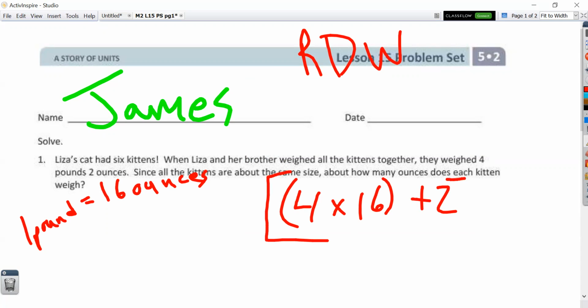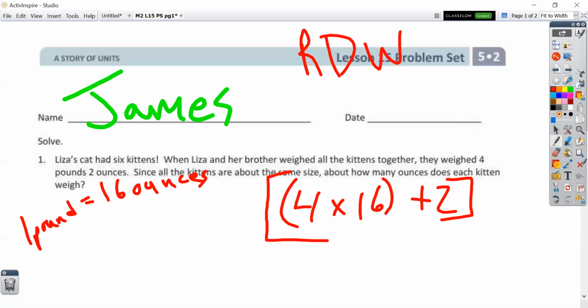Well, then we need to divide that by 4. I apologize, we're not dividing by 4, we're going to be dividing by 6, right? Because of the 6 kittens.